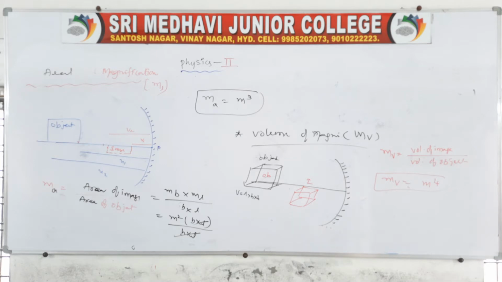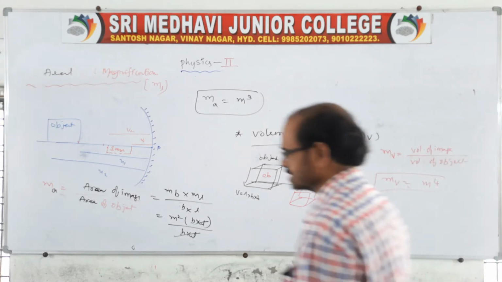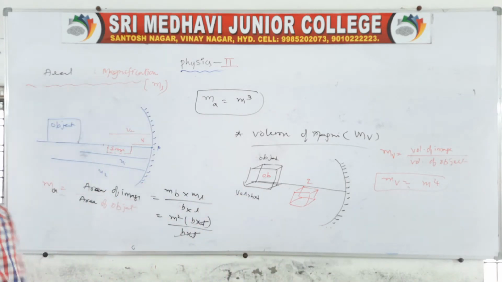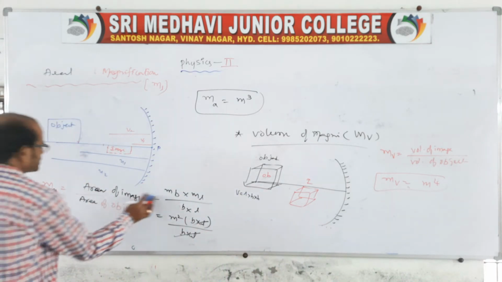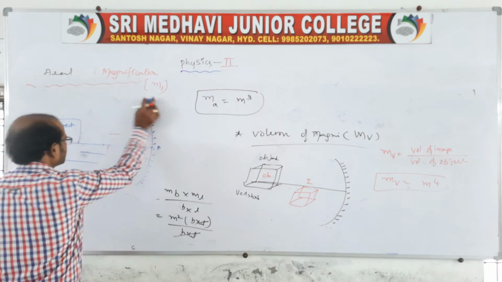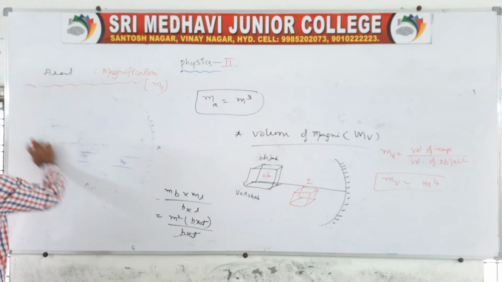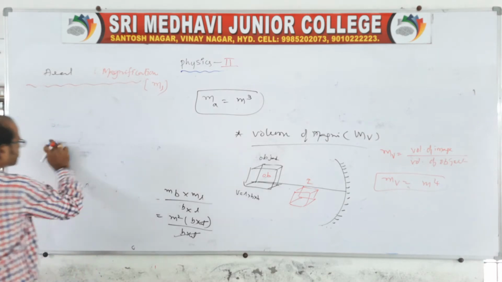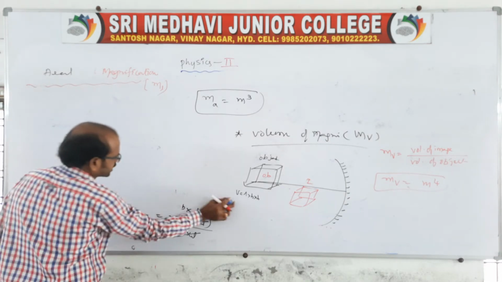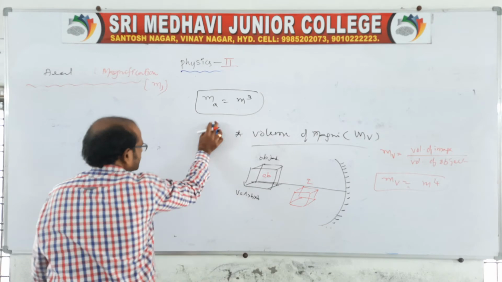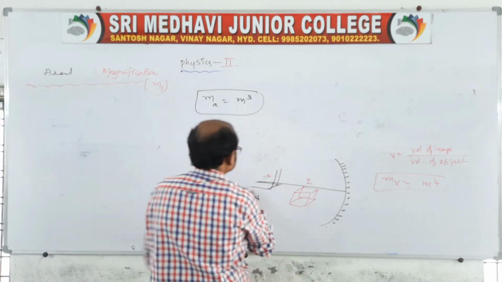Let us come to the next one. Actually in this again we have the power of curved mirrors. Say power we should find. I think everyone knows about power. Power is nothing but the reciprocal of focal length. Very simple. Reciprocal of a focal length is nothing but we can call as the power of the mirrors.